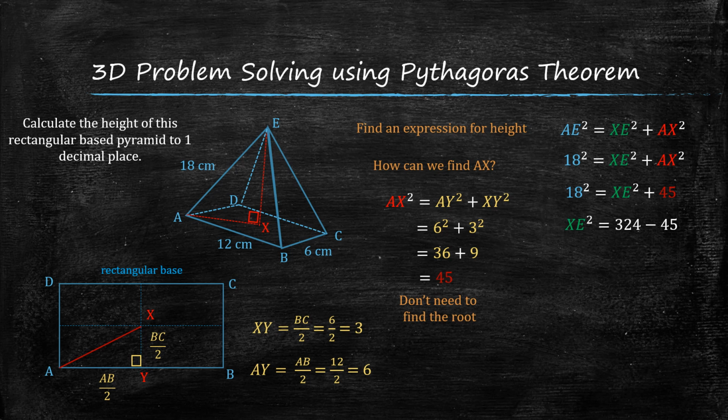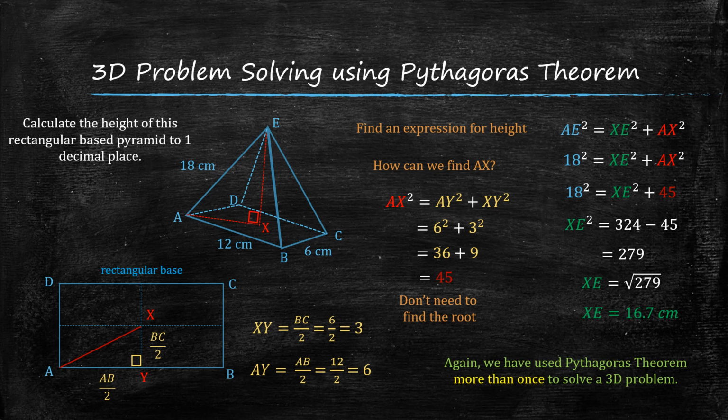Rearranging for XE, we get XE squared equals 324 minus 45. And then this gives us XE squared as 279. Taking the square root of this gives us XE equal to 16.7 centimeters. So again, we have used Pythagoras theorem more than once to solve a 3D problem.